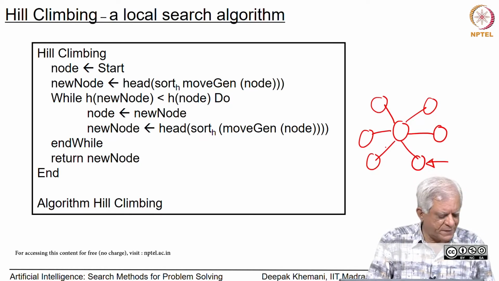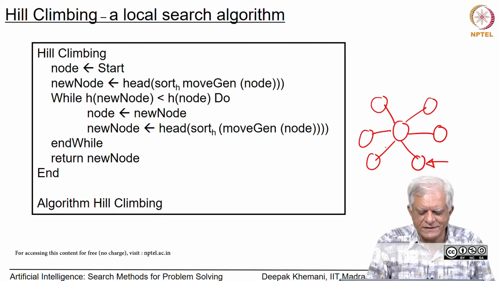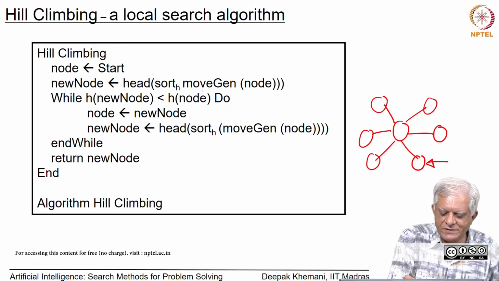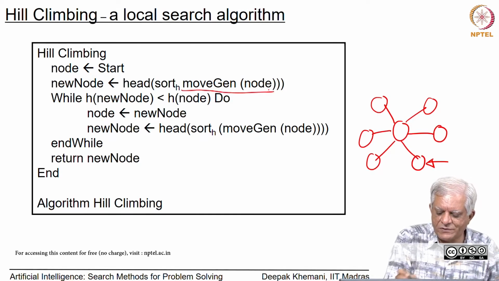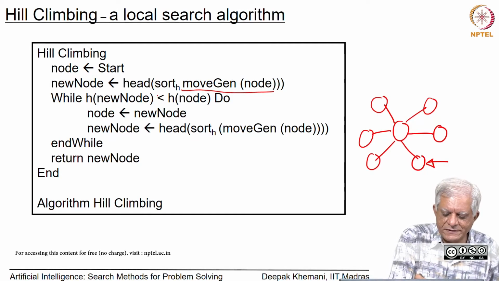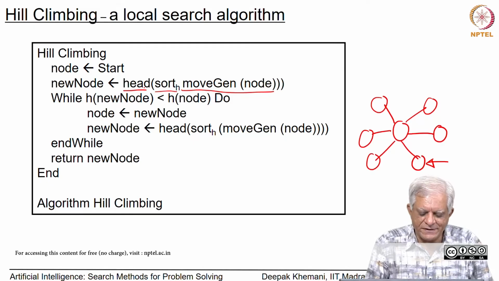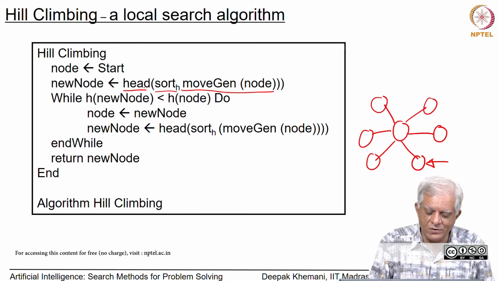So, in this algorithm that we have written here, we have essentially said that you apply move gen to a node, then you sort it, then you take the head, and if this new node is better than the old node, then you move to it, otherwise you terminate.